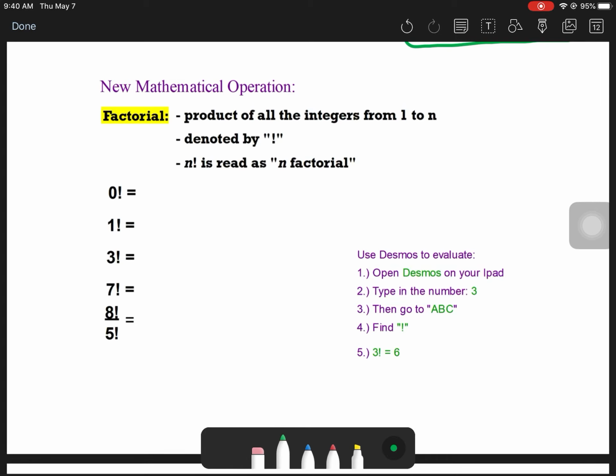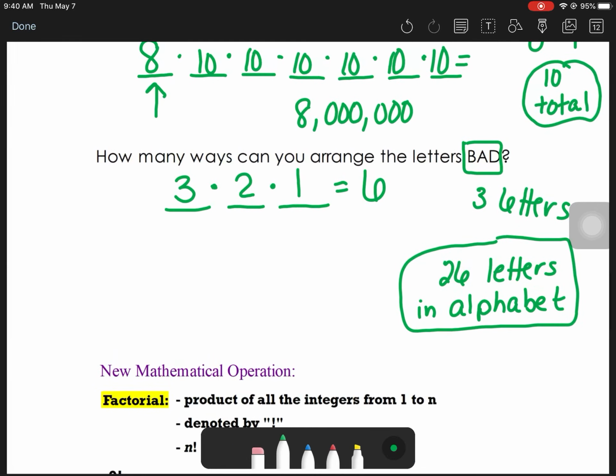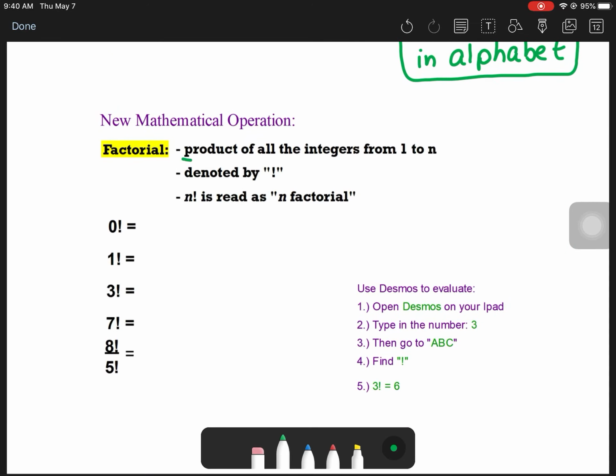A factorial could have been used on this particular problem with the letters bad, because what the factorial says is it takes the product of all the integers from 1 to whatever number we're talking about.